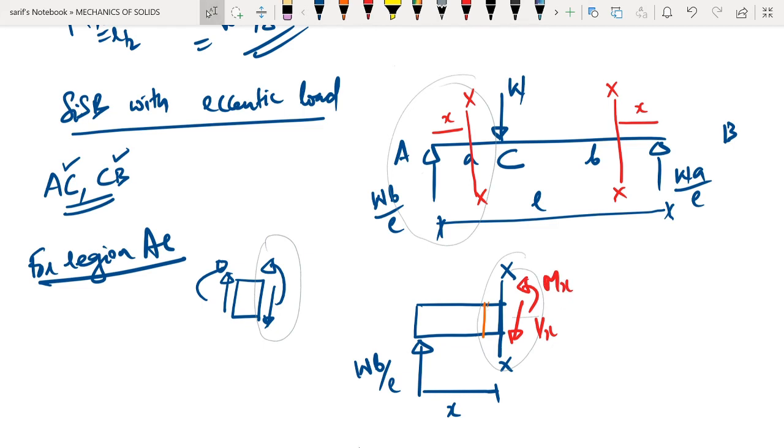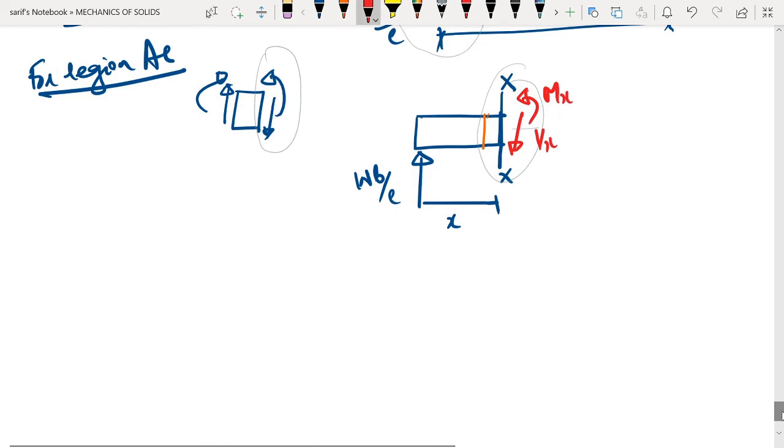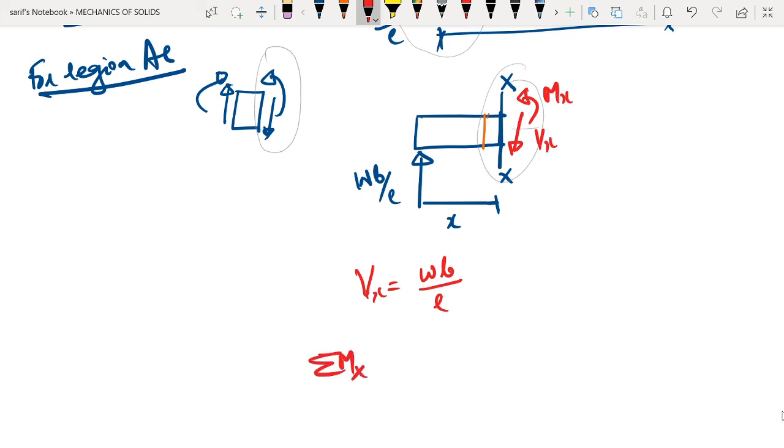Now expressions Vx and Mx can be found out by applying equilibrium. So let us apply equilibrium. Vx is equal to WB divided by L. So this is the expression for Vx. To find an expression for Mx, let us take the moment about the section xx equal to 0.